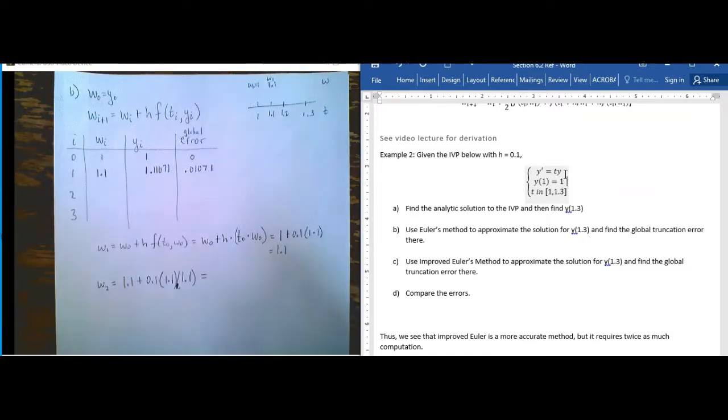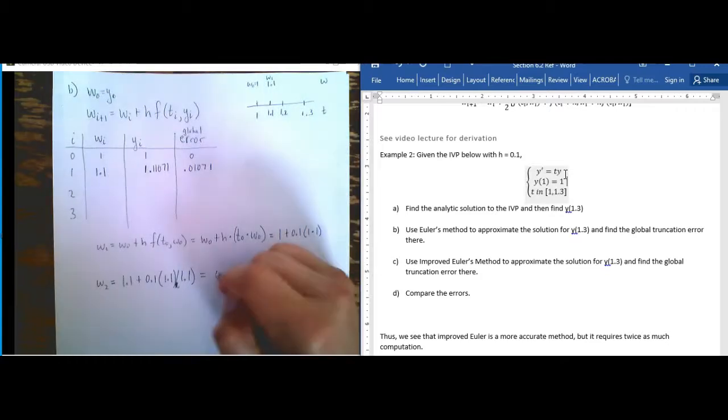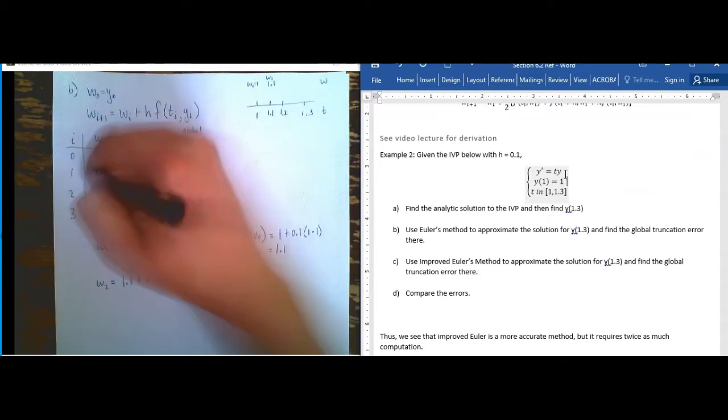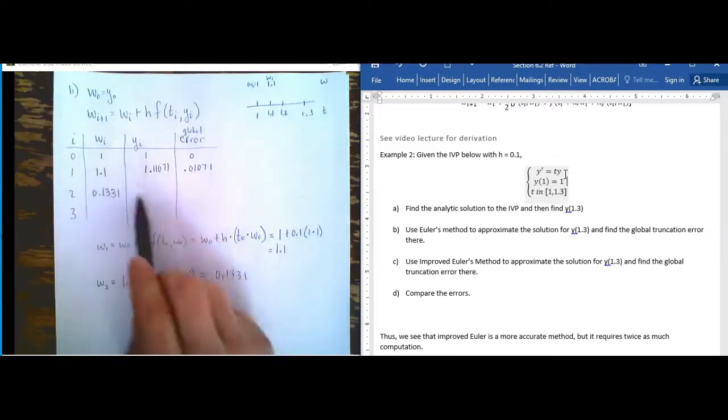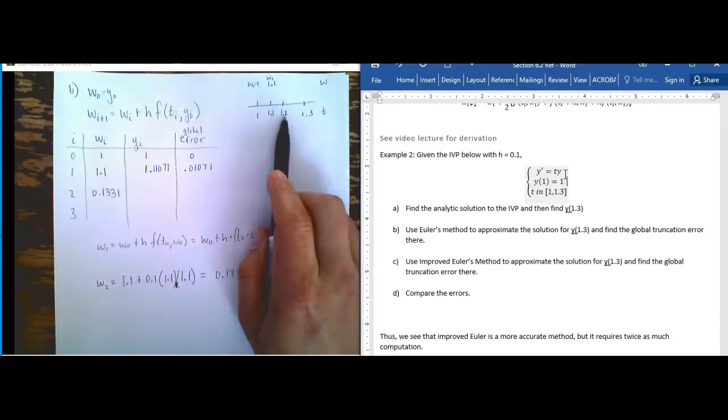So let's see what we get there. 1.1331. Let's calculate the y value at 1.2.